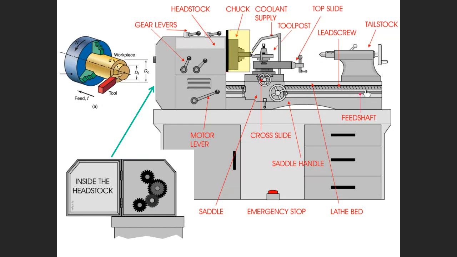This is a carriage. This is the feed drive spindle or power screw. This is the tail stock, which is another center to hold the workpiece. This is the headstock, and when you open the headstock you find the gears inside, which is the gearbox. This is a typical lathe machine.